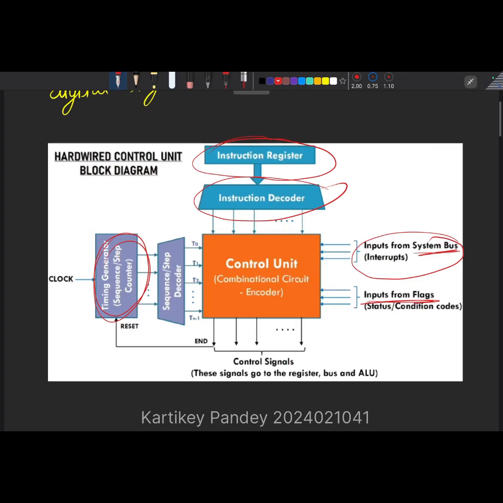From this figure, you can see this is the instruction register, where the fetched instructions will come, and then these instructions go into the instruction decoder, which decodes them and then feeds them to the control unit. The control unit takes various kinds of input from the system bus, from flags, and it takes the step times from the step decoder, and then generates control signals which are fed to various parts of the computer to perform various actions.